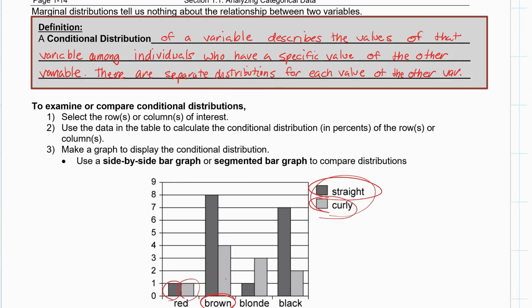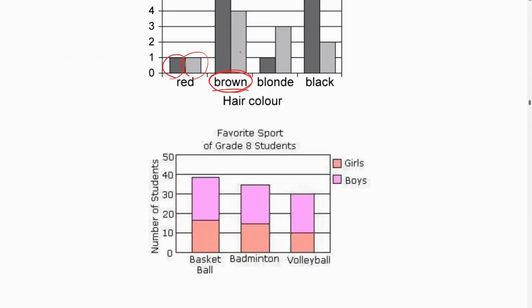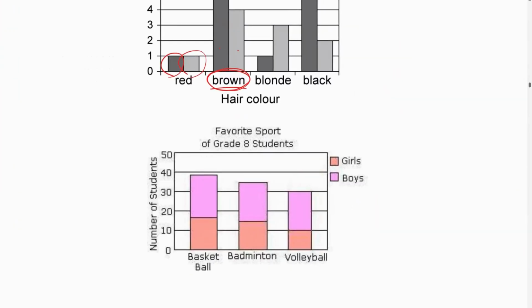All right? Or this one. What's your favorite sport? This one's using what's called a side by side chart. This is called a segmented bar chart. So basketball is a favorite sport amongst almost 40 kids.